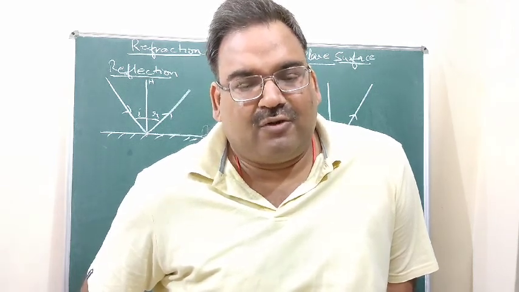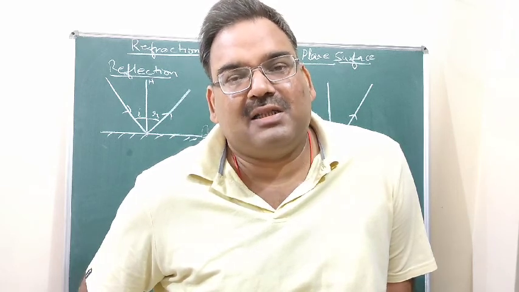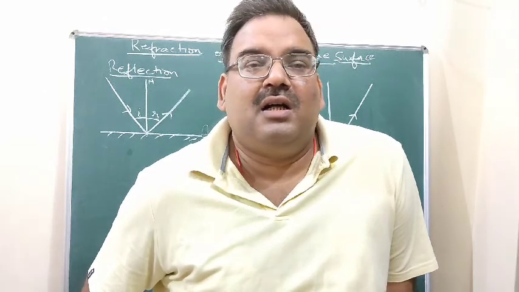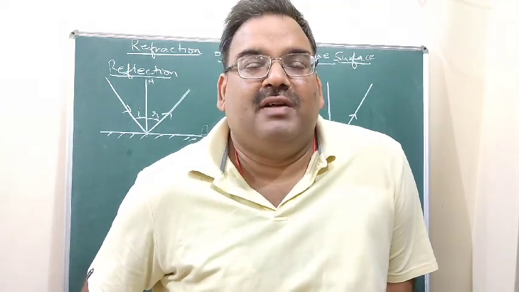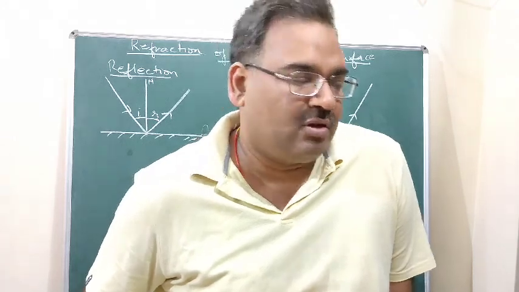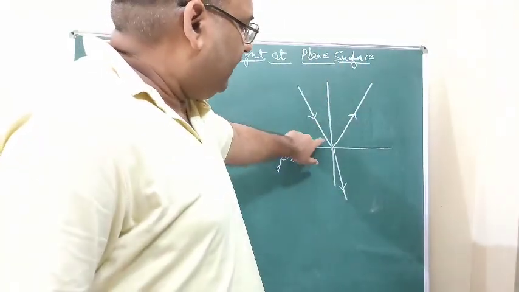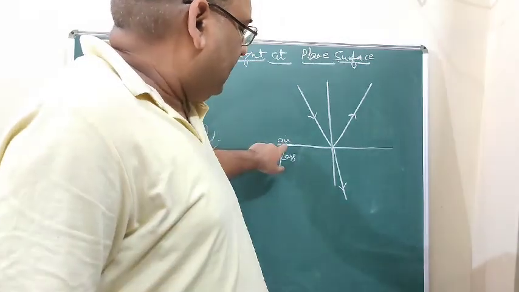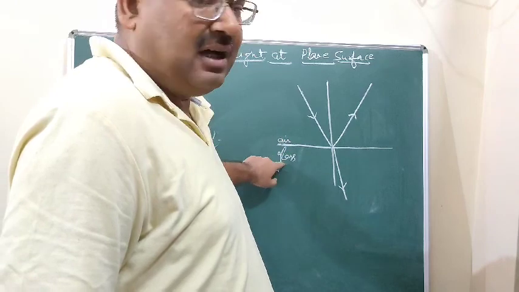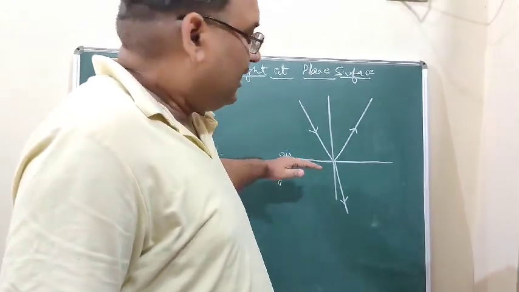But for refraction you need a transparent medium. Reflection requires only a mirror, whereas refraction requires a transparent medium. So look here, a ray of light is striking a surface, a boundary.